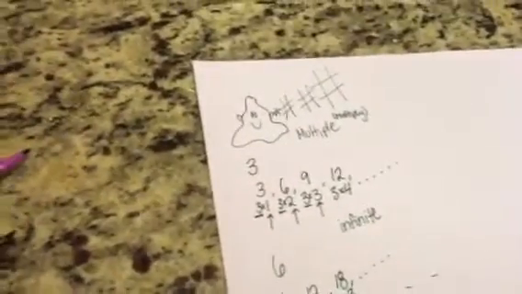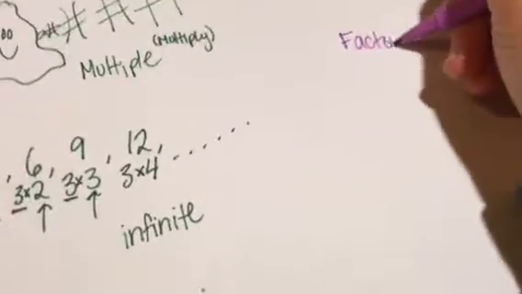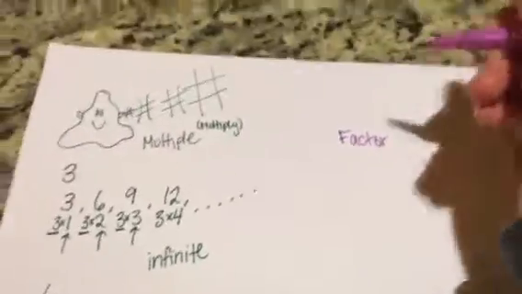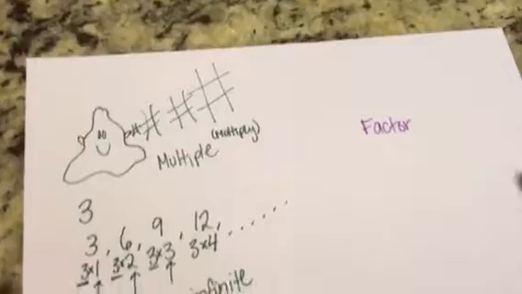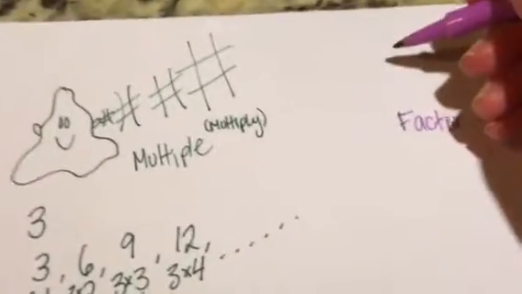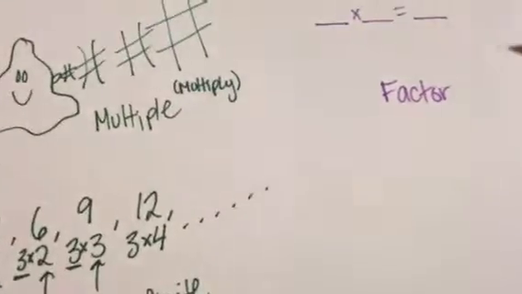Then we have what's called a factor. And if you guys remember, in our multiplication unit, sorry, this is hard to hold an iPad at the same time. You have a factor. Remember in our multiplication unit, we have the vocabulary terms for an equation.